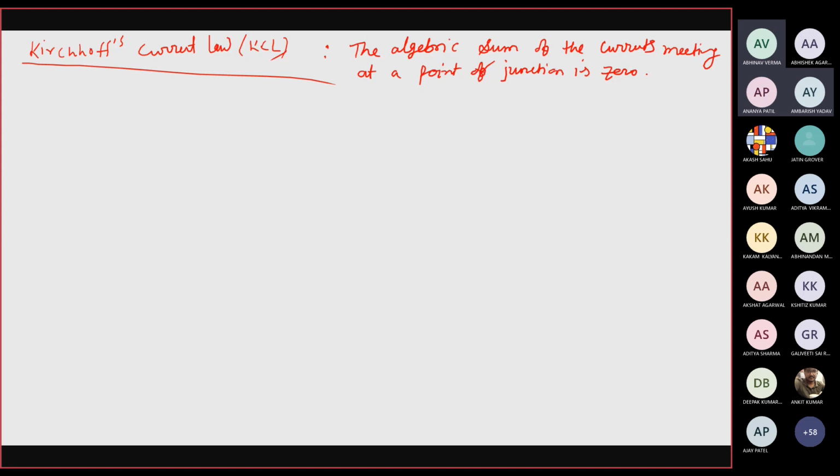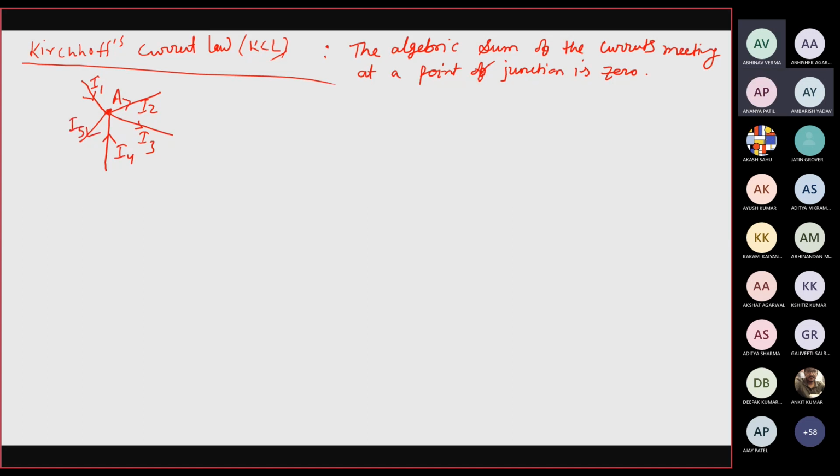Both are the same thing. So for example, let us consider this point A as the junction or node of any electrical network, and let us consider different currents coming to or terminating at this point A. If this is the direction of current I1, this is I2, I3, I4, and let us consider this as I5.